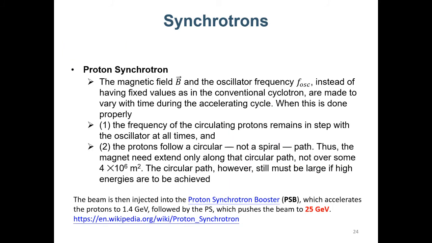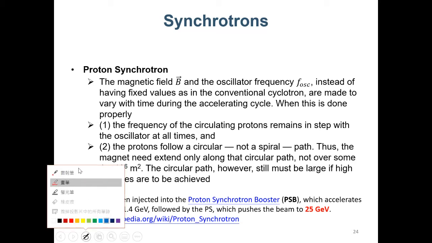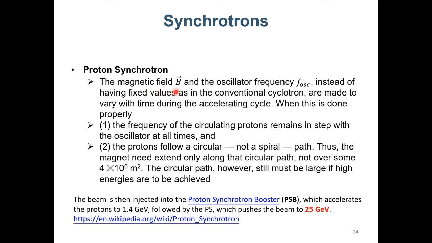So the next one is called a synchrotron, which is even more complicated, so we don't really have a figure to show how it works. But the point here is that the magnetic field B and the oscillating frequency, instead of having fixed values as in a conventional cyclotron, are made to vary with time during the accelerating cycle.